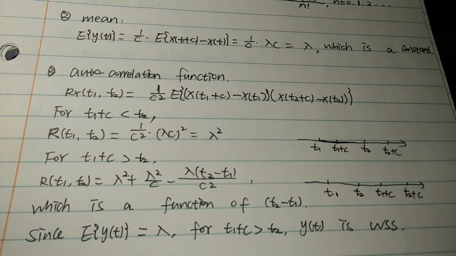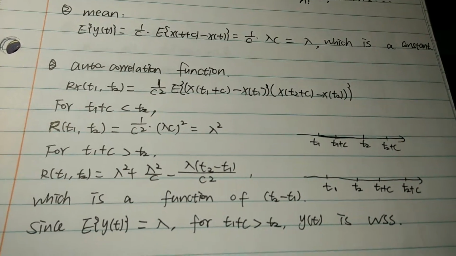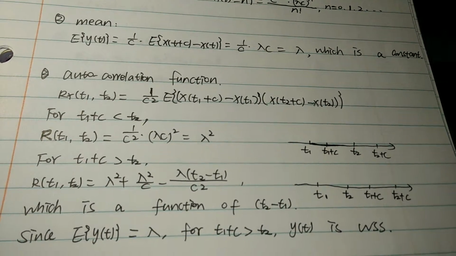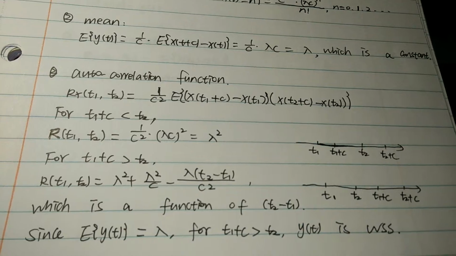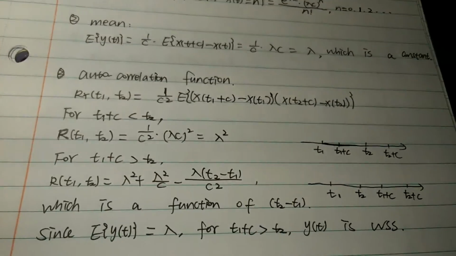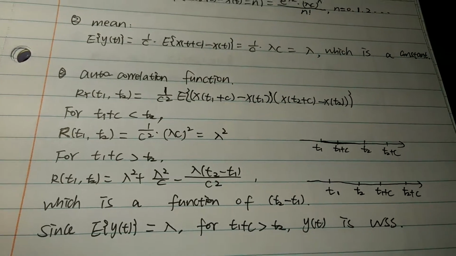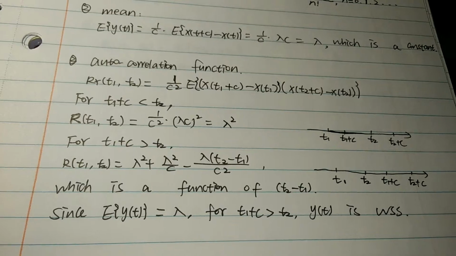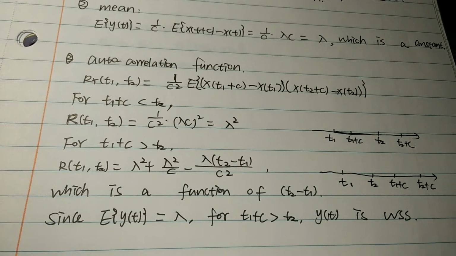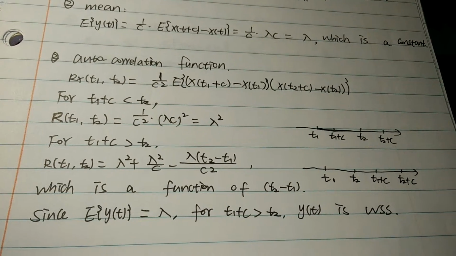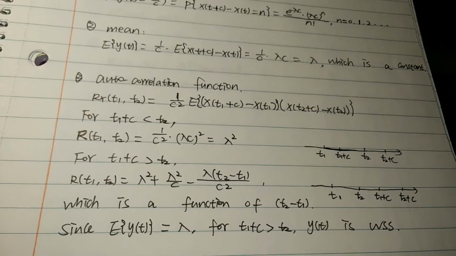For t1 plus c greater than t2, the R function is lambda squared plus lambda squared over c minus lambda times t2 minus t1 over c squared, which is a function of t2 minus t1. Since the expected value of y of t is lambda, a constant, for t1 plus c greater than t2, y of t is WSS.